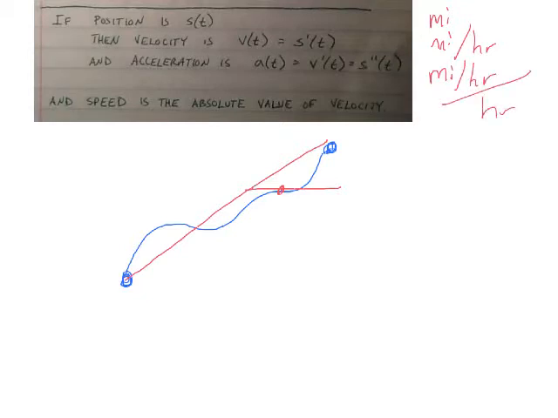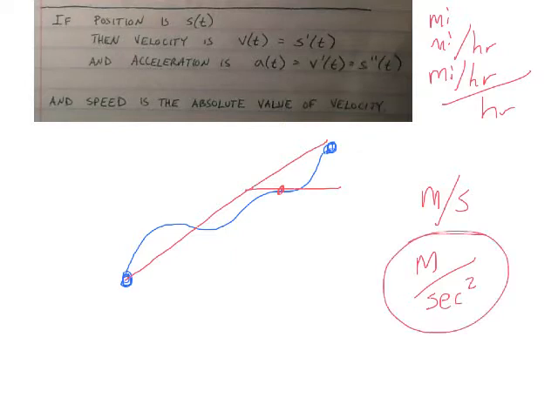Those who have done physics might be familiar with meters per second or meters per second squared. It's not really a unit that our brain can grab onto. But the relationship is the derivative of position is velocity and the derivative of velocity is acceleration.